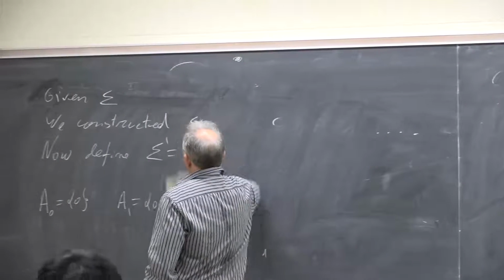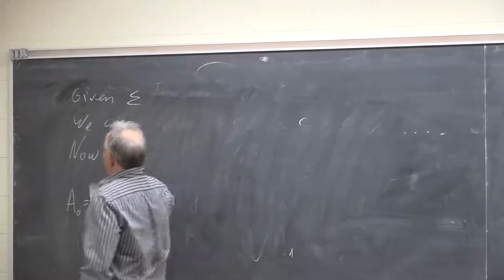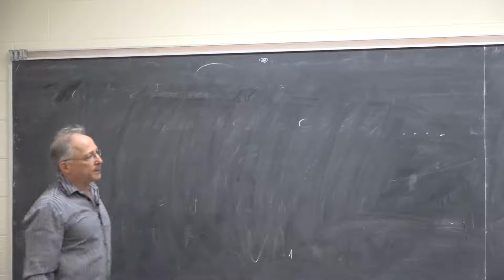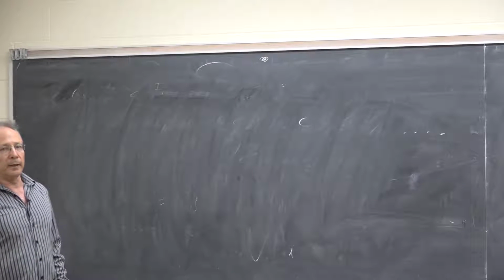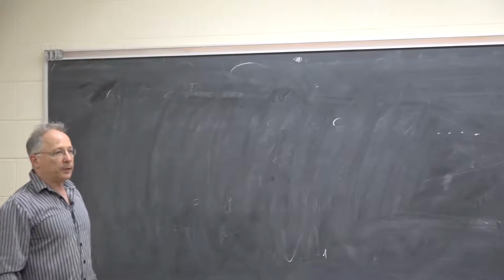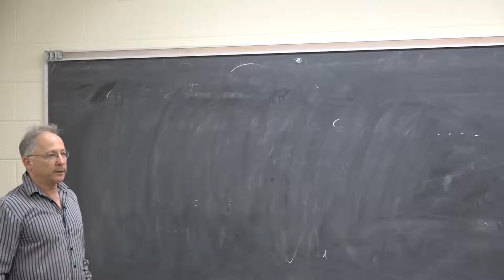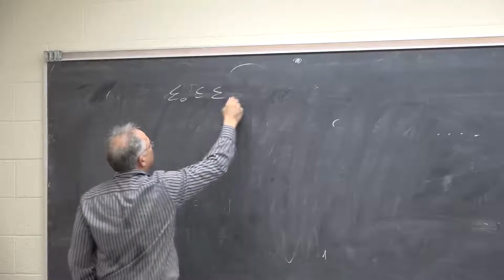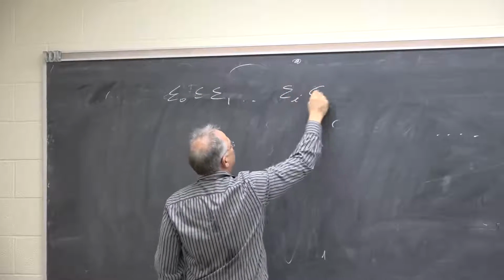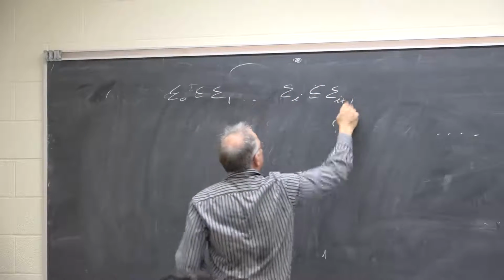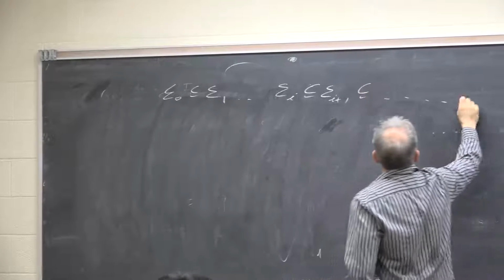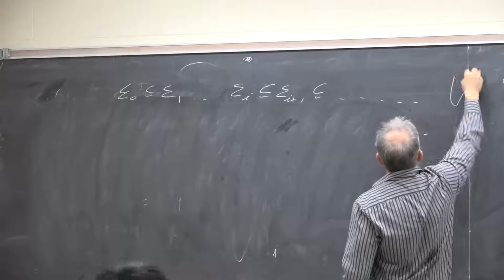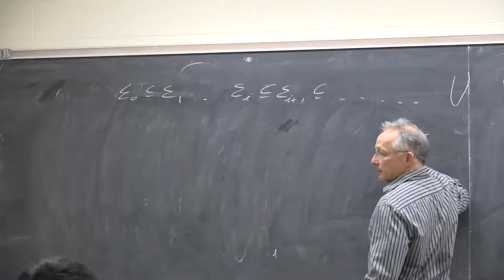So now what we are going to do is we are going to say how is sigma prime constructed? It's constructed by an increasing union. So we have here sigma 0, subset sigma 1, sigma i plus 1. And we take the union of all of this, and we get sigma prime.